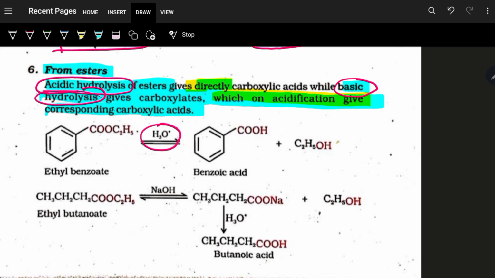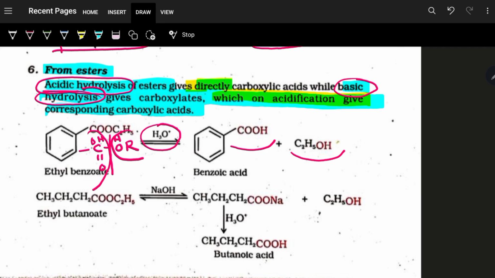When I give acidic condition, then it hydrolyzes to form COOH. How? Because this linkage is C double bonded O, OR. So obviously, if it is breaking, this end is holding OH and this is holding H. So ROH is the alcohol. So I got C2H5OH over here. The rest part is the acid. So I got benzoic acid over here.